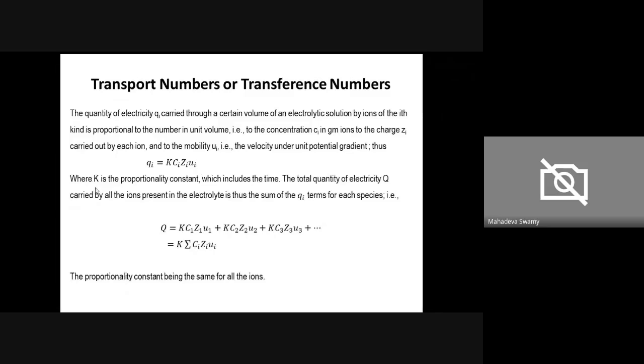Where K is the proportionality constant, which includes the time.